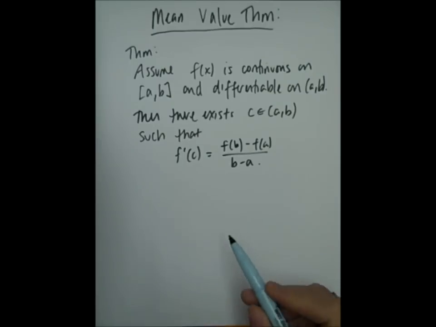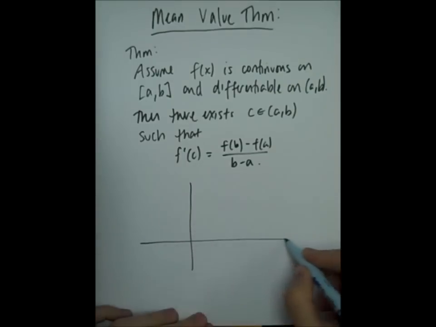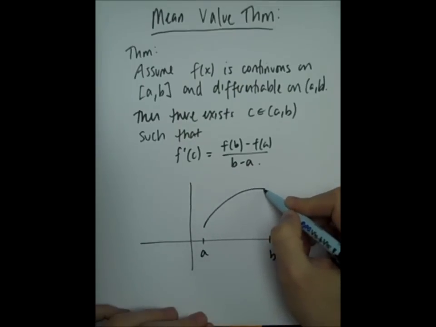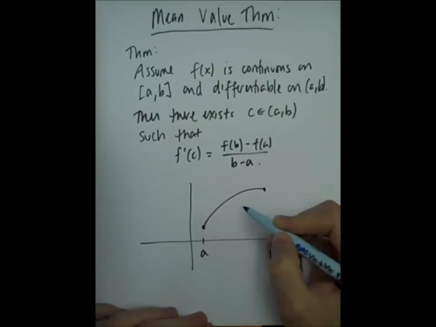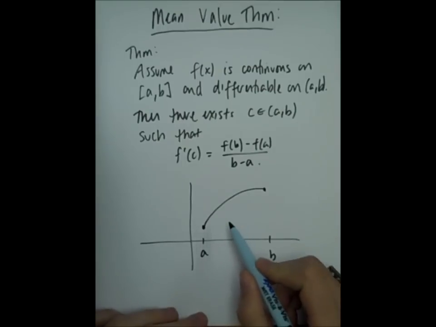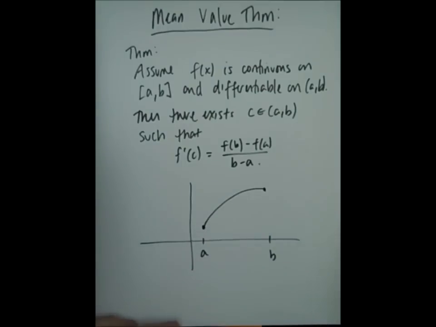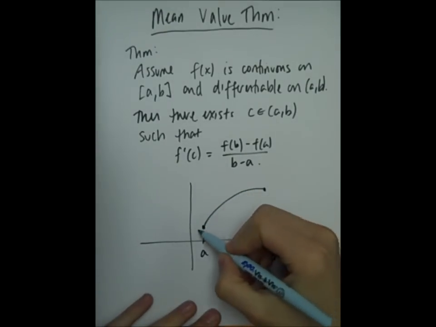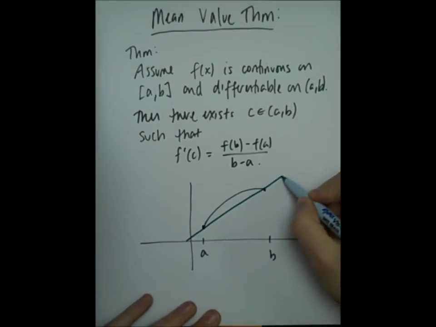It just says that if I have a function that's continuous from a to b, so here's a, here's b, and let's say this is my function, and it's differentiable, then I can make a secant line, and that's this slope here, f of b minus f of a over b minus a.